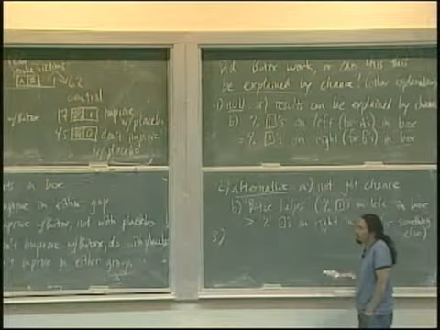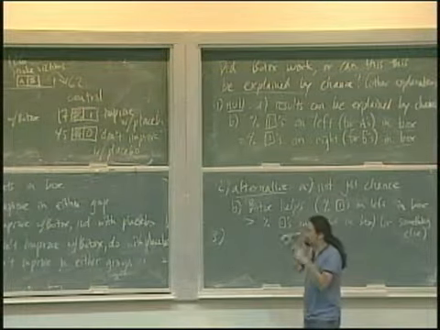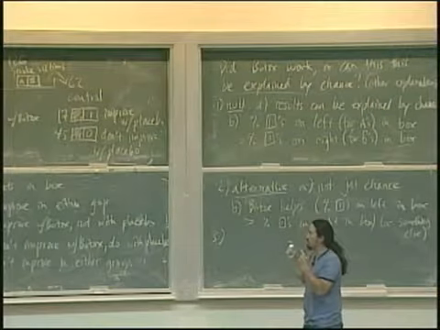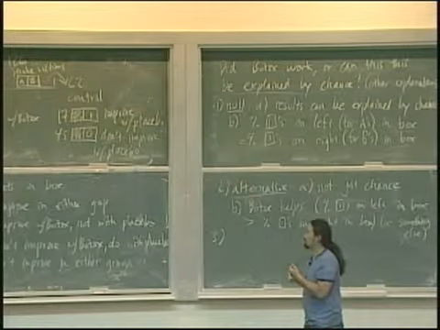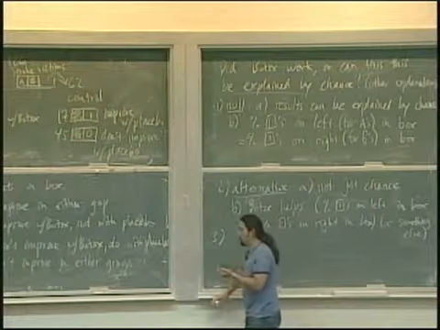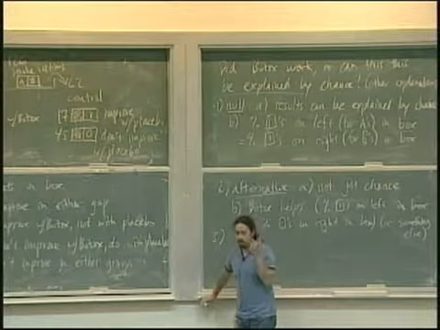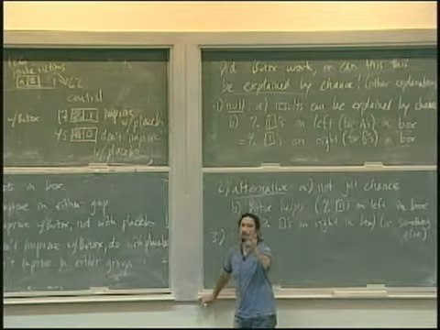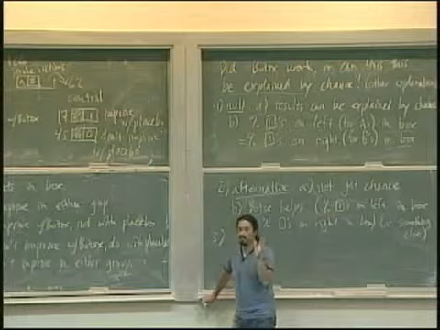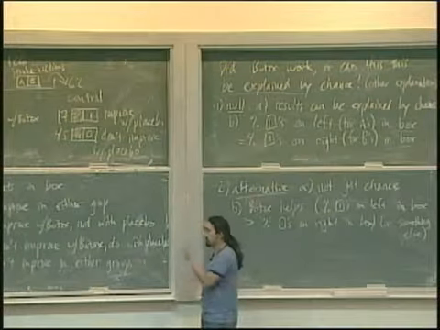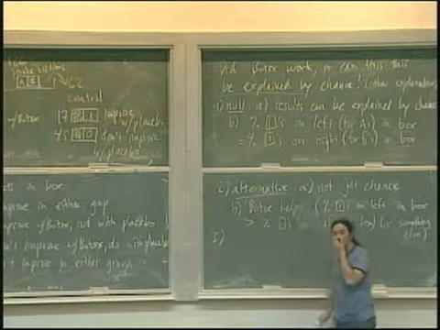I think it does do something useful in helping you think about the problem. But I won't require it unless I ask for it. It's possible that I'll explicitly ask, make a box model, and then I want one. But in general, if I just say do a hypothesis test, I don't care if you actually do the box or not.